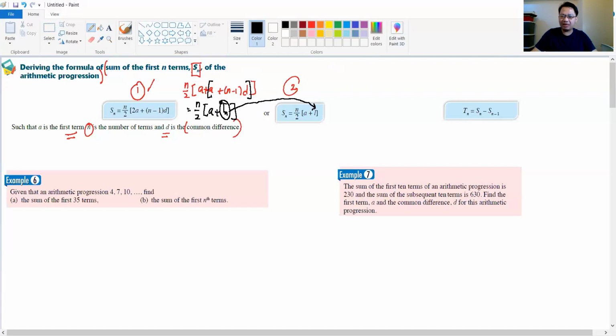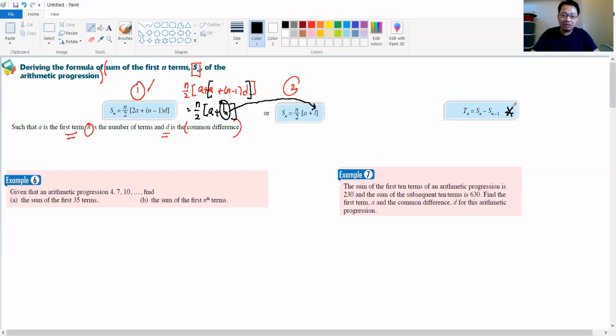That is the two formulas. Okay guys, how about this third one? This one is not a formula of the sum, but this formula is very crucial, very important. If we refresh what we learned in the previous class, we found the terms, the Tn, the T10, the T20.